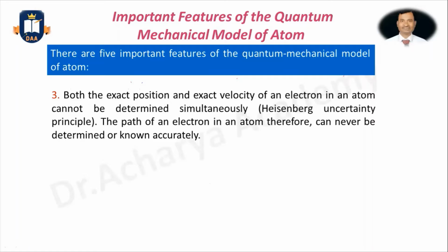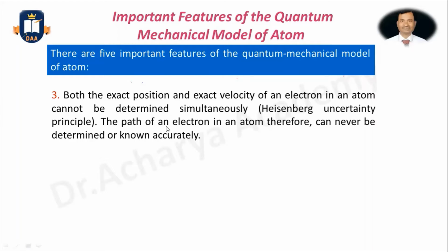Point number 3, both the exact position and the exact velocity of an electron in an atom can't be determined simultaneously. That means at a certain point of time, it is not possible to determine the exact position and exact velocity of an electron. This I already discussed in the previous class during the discussion on the Heisenberg uncertainty principle.